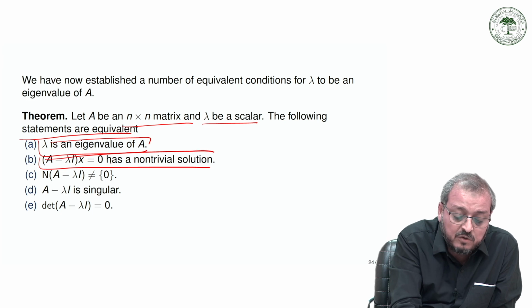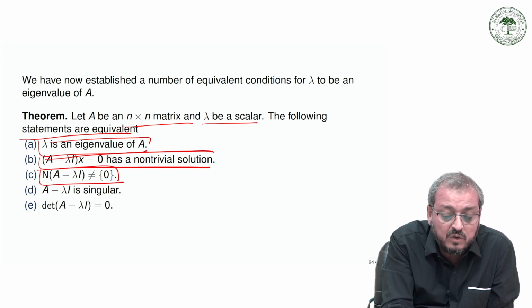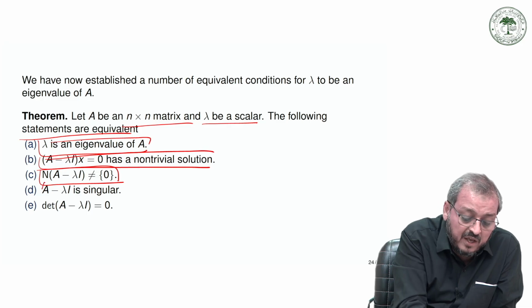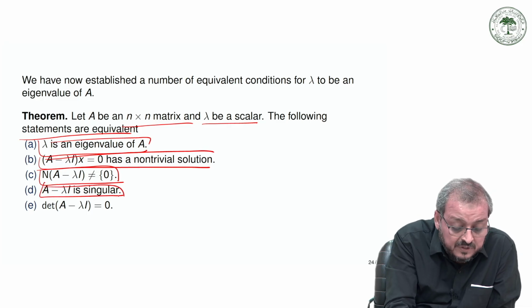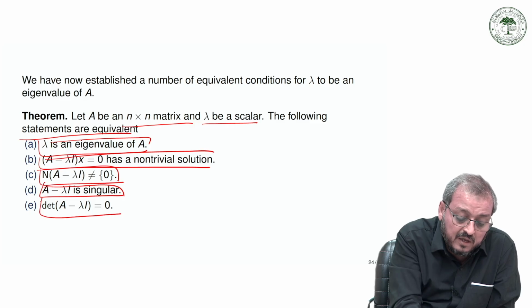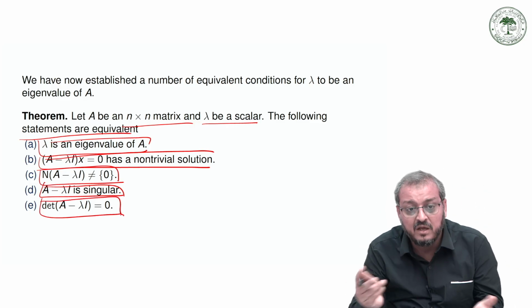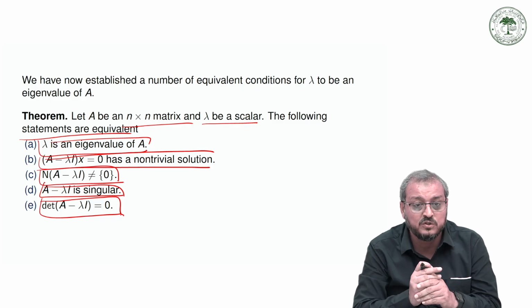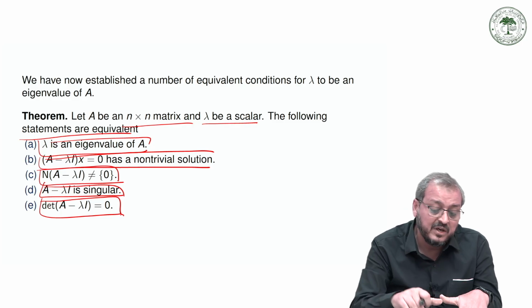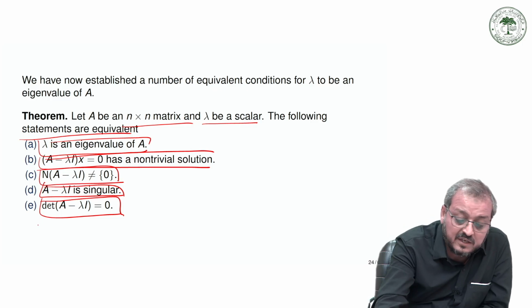If the system has a non-trivial solution, previously we showed that the null space is not equal to the zero space. And if A minus lambda I is singular, then the determinant of A minus lambda I is equal to 0. And if the determinant of A minus lambda I is equal to 0, then lambda is an eigenvalue of A. So these statements are all connected.